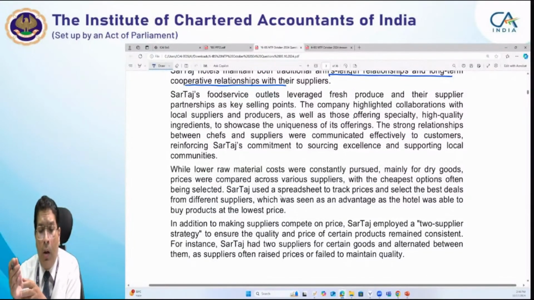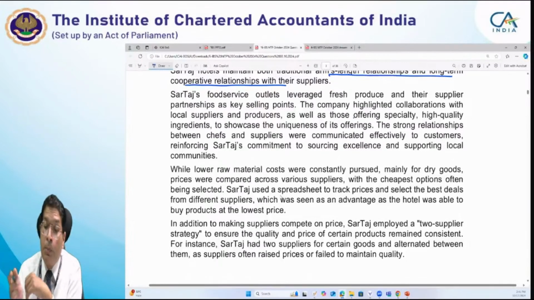While lower raw material costs were constantly pursued, mainly for dry goods, prices were compared across various suppliers, with the cheapest option often being selected.